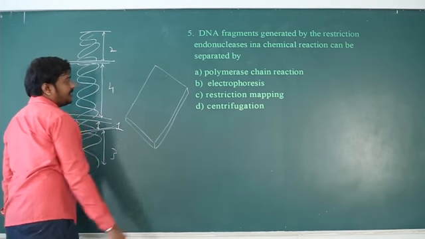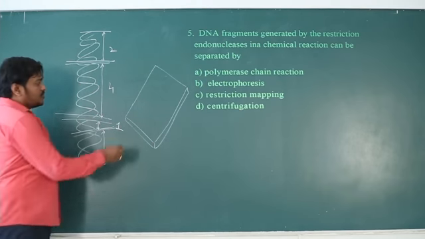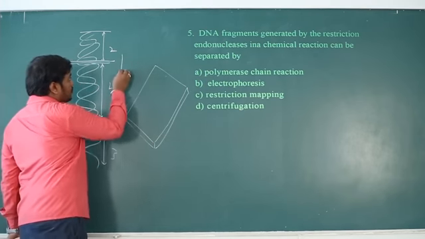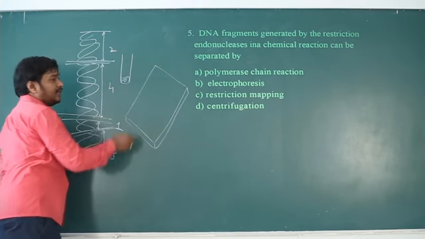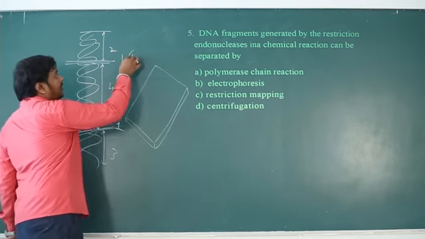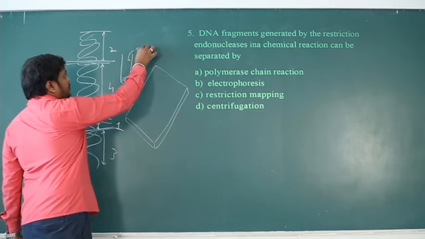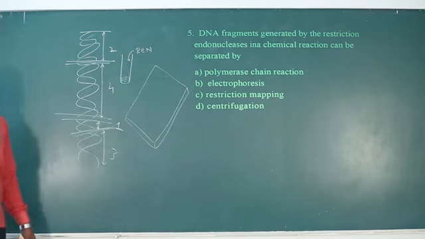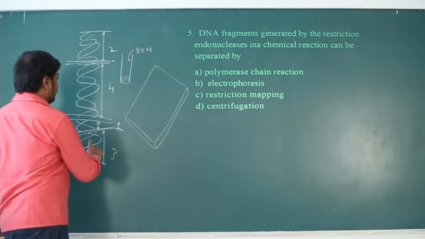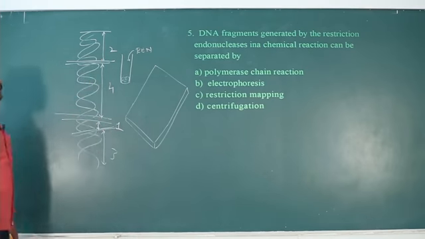After cutting the DNA into fragments, of course the whole process takes place in a small test tube. So isolated DNA is put into one test tube. To that you are going to add a restriction enzyme. So this restriction enzyme makes cuts in the DNA, making fragments according to the number of recognition sequences it has. Now we need to separate them by electrophoresis.